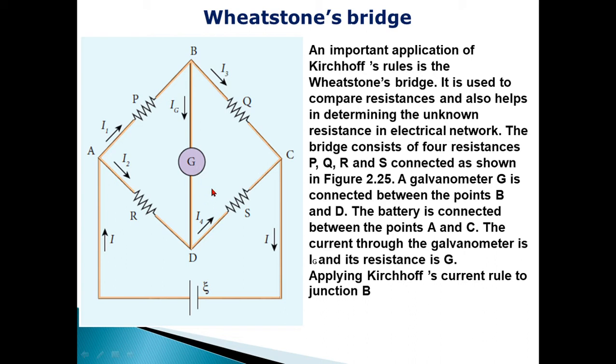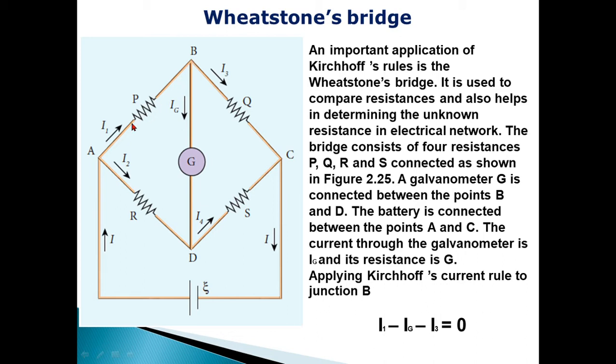Applying Kirchhoff's current rule to junction B, the equation can be written as I1 minus Ig minus I3 is equal to 0. I1 current is entering the junction. What is the first law of Kirchhoff?